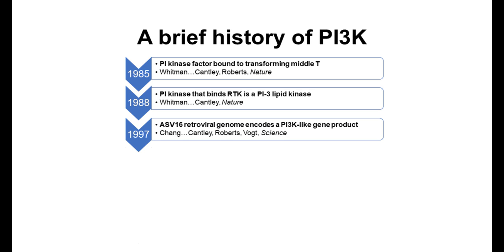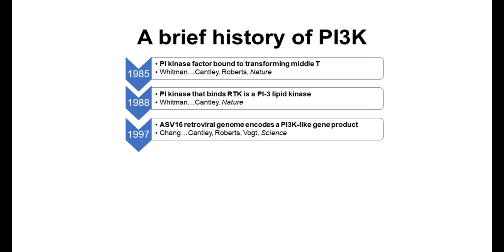Now, PI3 kinase is an oncoprotein complex composed of two proteins. It has a storied history, first discovered in the 1980s as a factor bound to polyoma middle T, a viral protein, and later found to be a protein that phosphorylates, or places a phosphate group, on the 3' position of phosphoinositide, which is a lipid species.